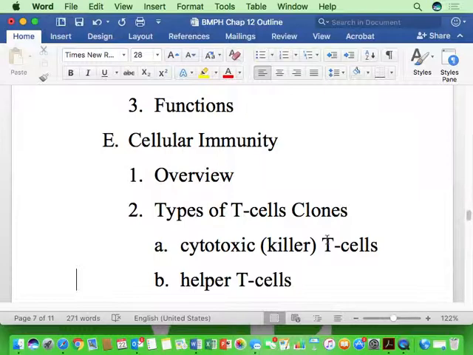And then they also attract other types of white blood cells to the affected area. So they're enhancing the immune system.